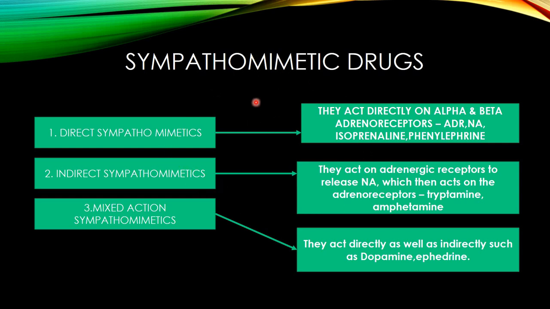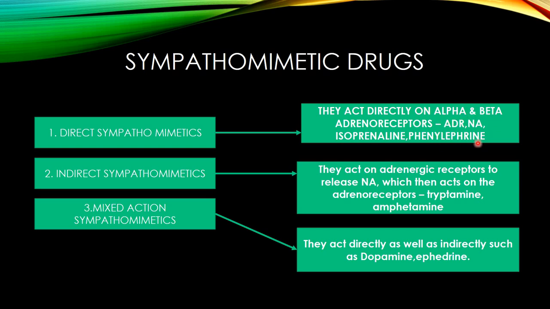So the sympathomimetic drugs are divided broadly into three types. First is direct sympathomimetics, second is indirect sympathomimetics, and third is mixed action sympathomimetics. Now coming to the direct sympathomimetics. Here they are acting directly on alpha and beta receptors. So what are the examples?